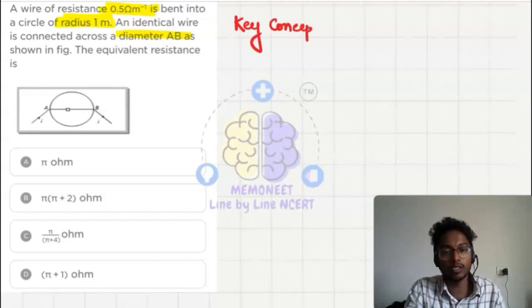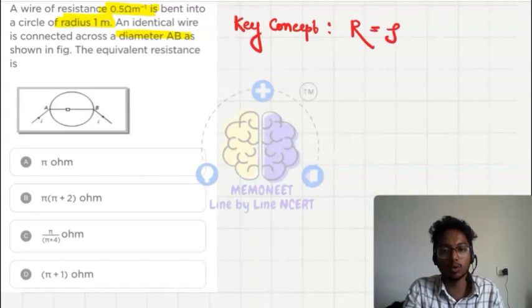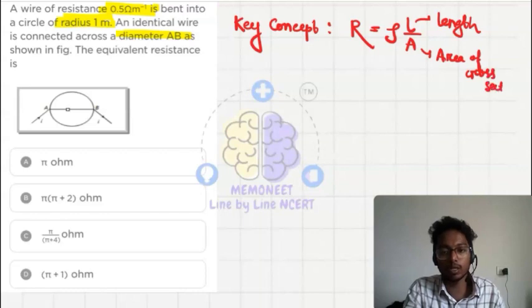The key concept of this question is we know that the resistance is equal to rho into L upon A. Here L is the length, A is the area of cross section, and R is the resistance.